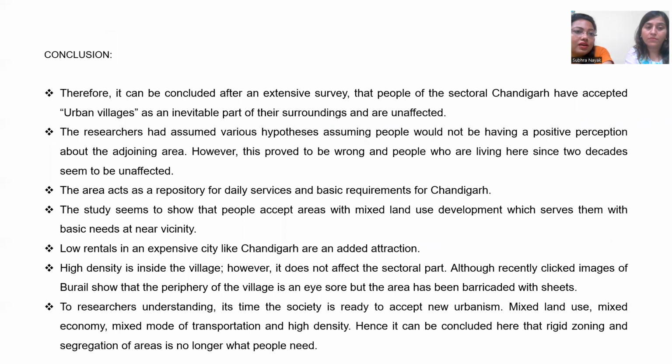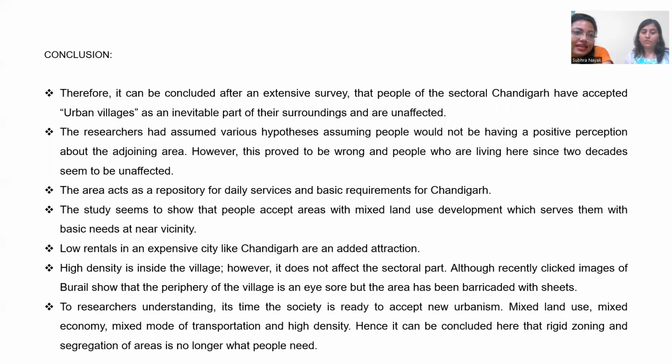The researchers had assumed various hypotheses, assuming people would not be having a positive perception about the adjoining area. However, this proved to be wrong, and people who are living here since 2 decades seem to be unaffected.